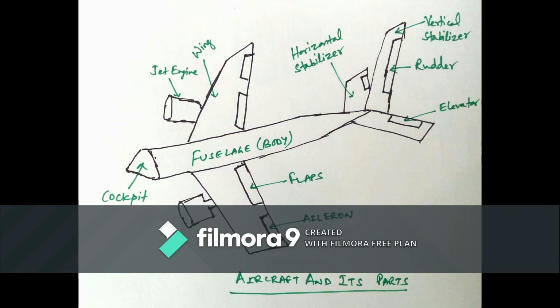Then we moved on. I have to tell you something about these flaps. Flaps are called secondary controls. Flaps are used to increase more and more lift during climbing and taking off. When the aircraft is to be taken off, more lift is required.